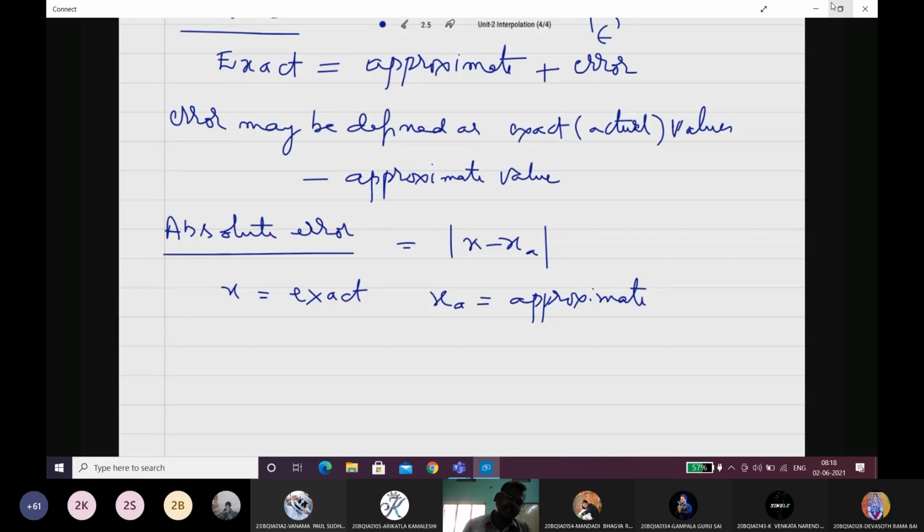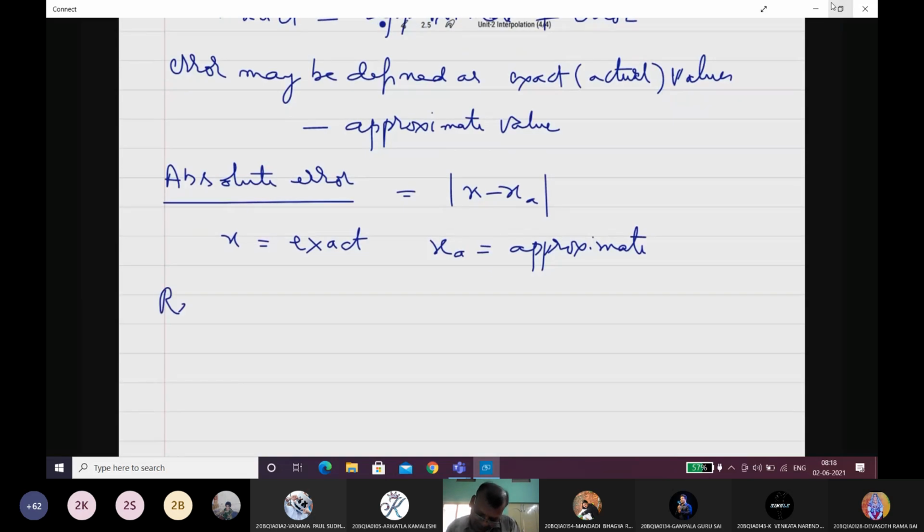And one more is the relative error. Relative error is defined as absolute error by exact value, that is x minus xa by x. This is relative error.